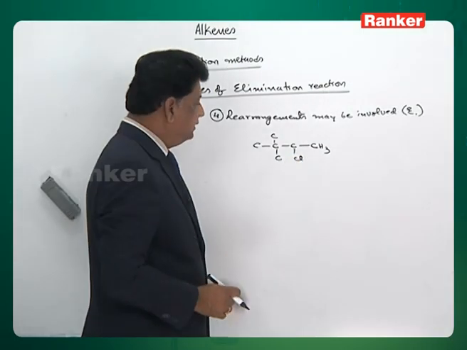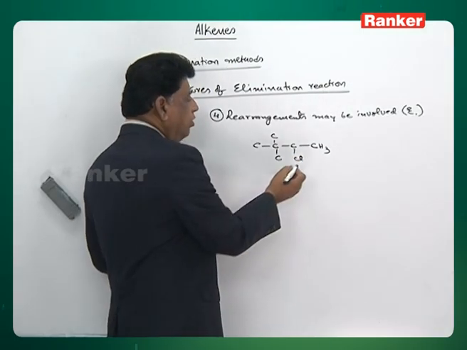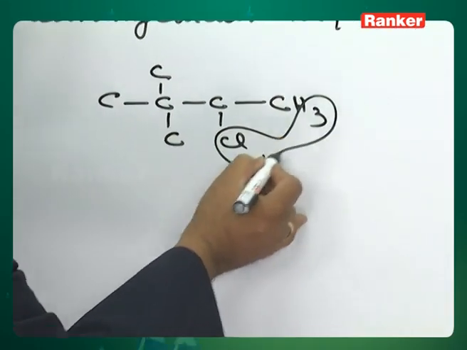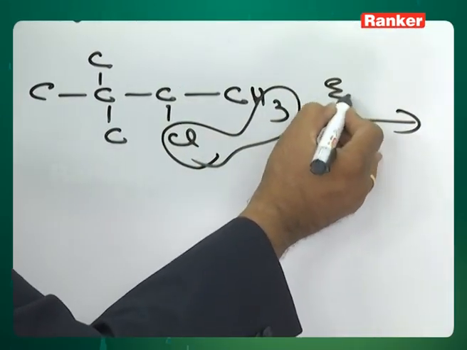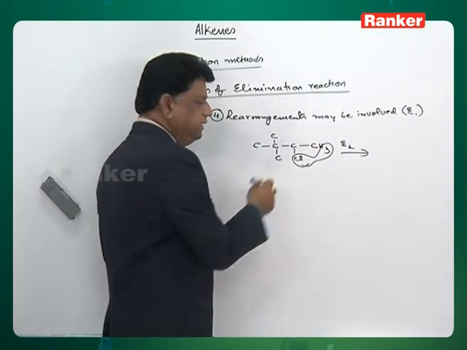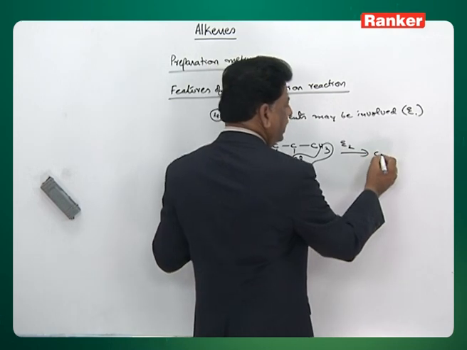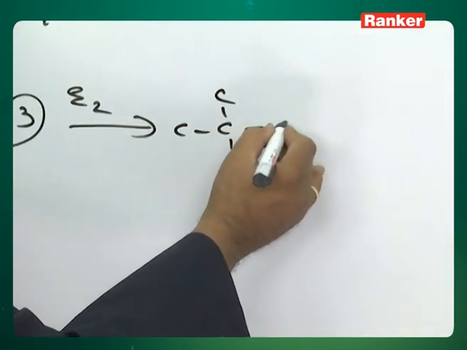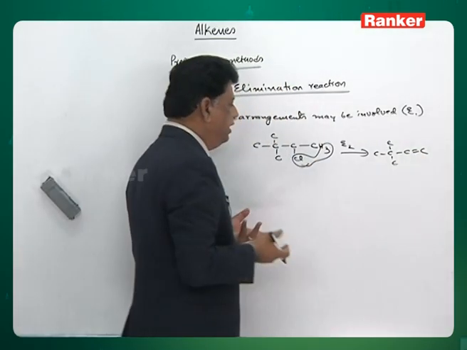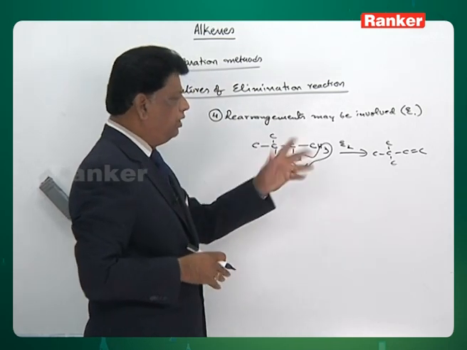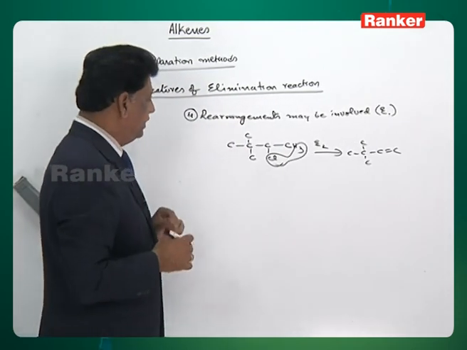If the ordinary elimination takes place, which is called E2 elimination, then the H and Cl will simultaneously go out and you will get the compound like this. In the E2 there is no intermediate, elimination takes place directly.